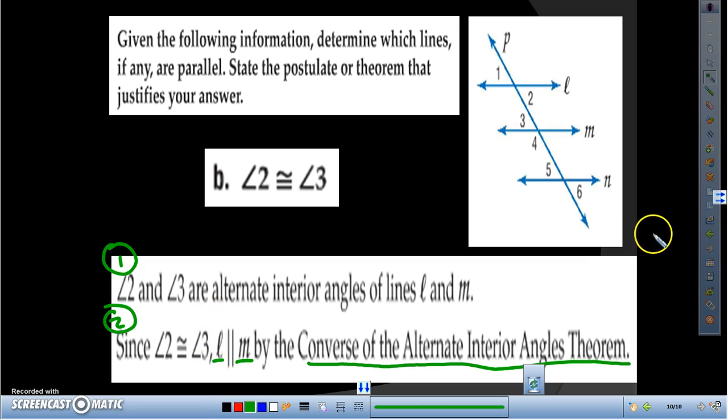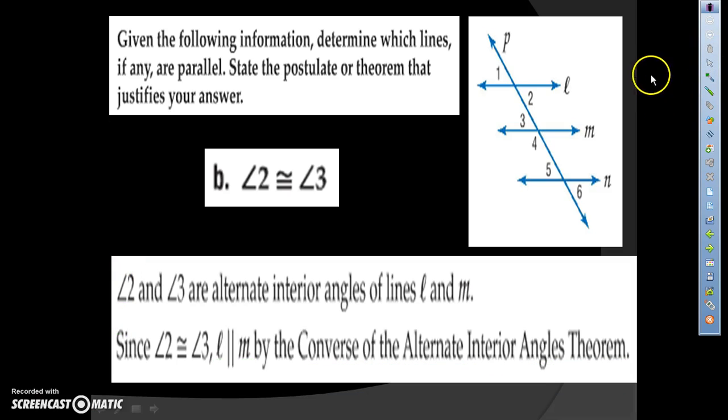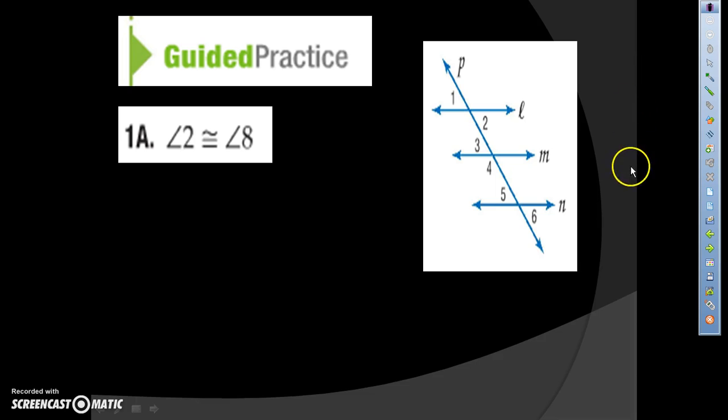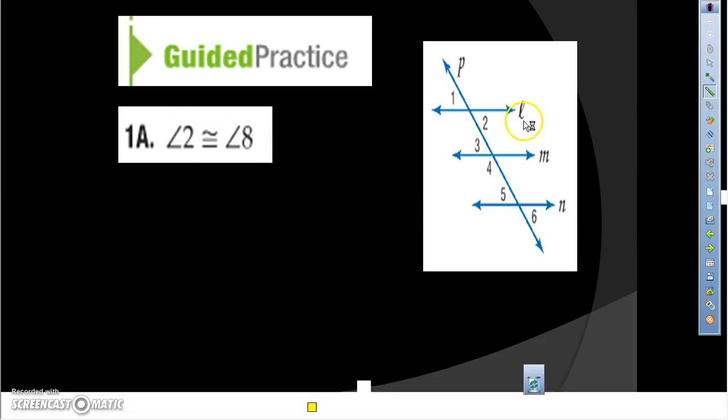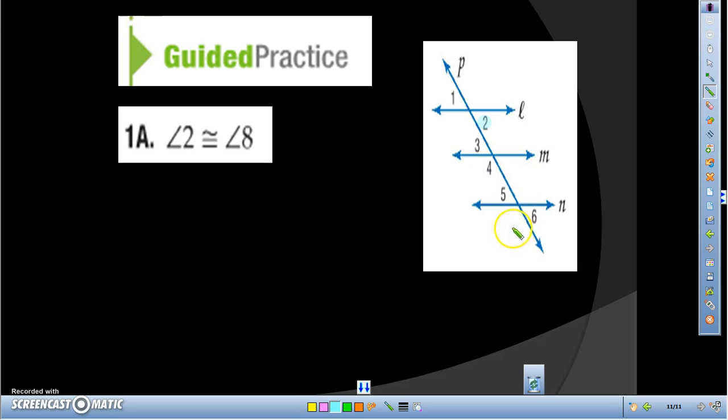So now let's do a few of these together. And I do want you copying these examples that we're doing together down. All right, so same figure, different angles given to me. So the first thing I want to do here is figure out what lines am I dealing with. There's angle 2 and angle 8 is not shown in the figure.